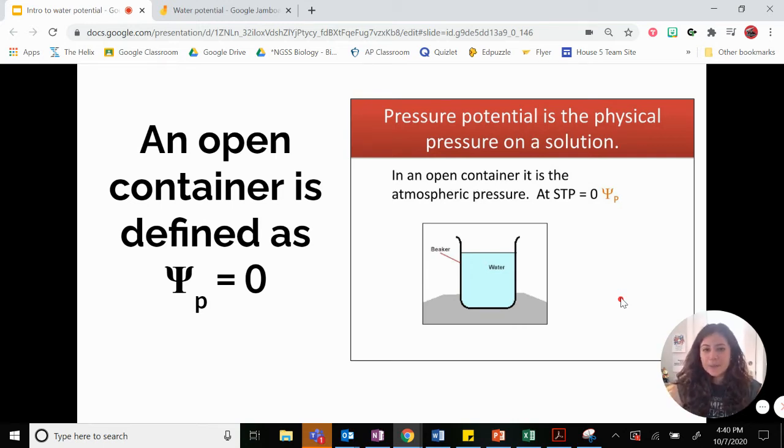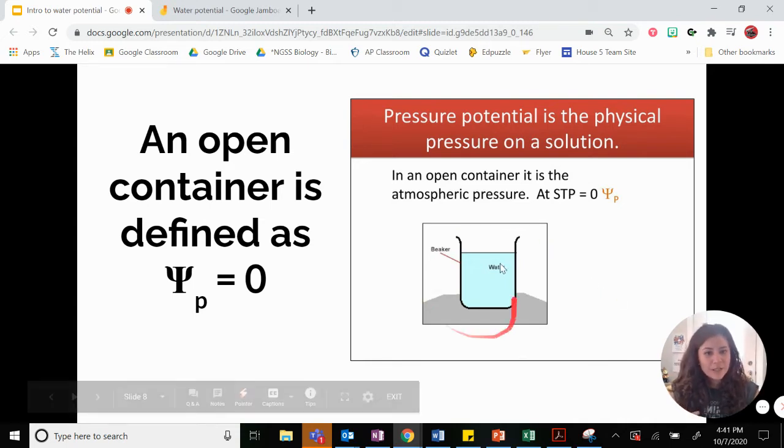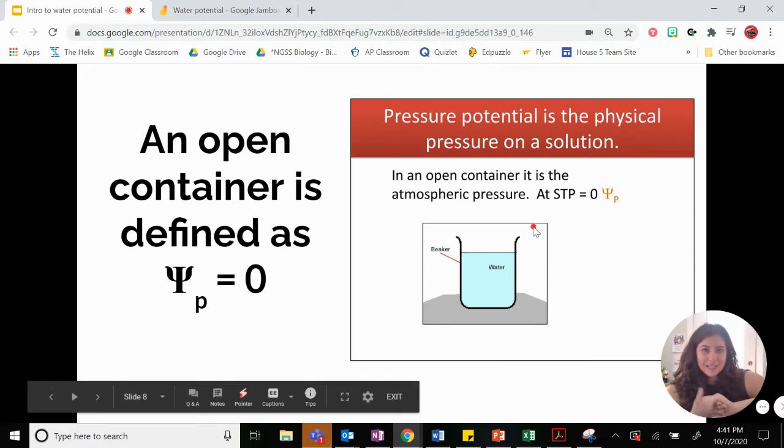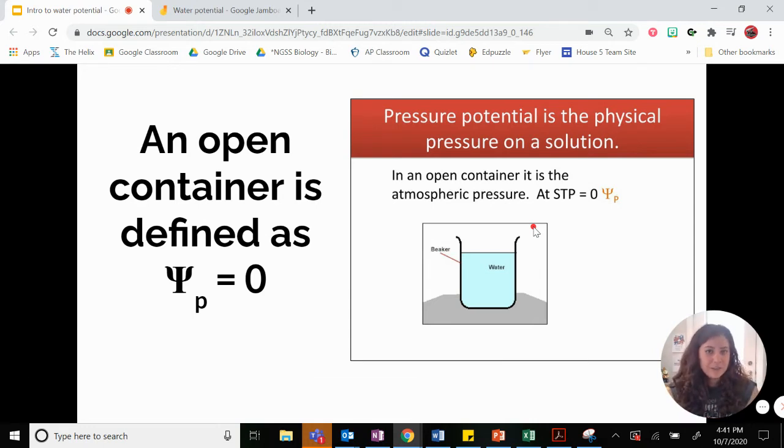In these problems, unless it says otherwise, you can assume the pressure potential is 0, because if it doesn't tell you, the problem is probably taking place in a beaker of water or something that is open and not getting pushed on. That's why you can assume the pressure potential is 0 unless the problem explicitly says otherwise.